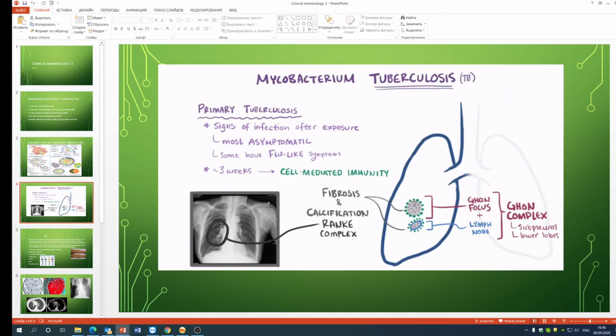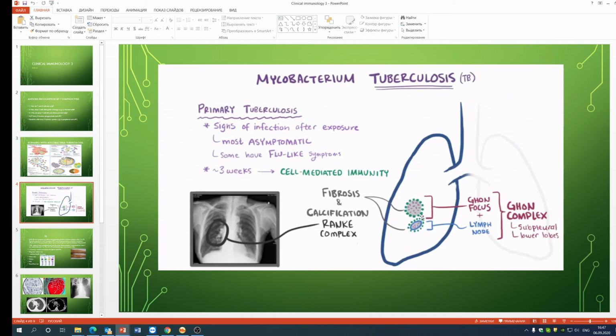Cell-mediated immunity forms against mycobacteria, completely surrounded by lymphocytes. These macrophages activate T cells. Activated T cells release lymphokines. Lymphokines activate macrophages again.